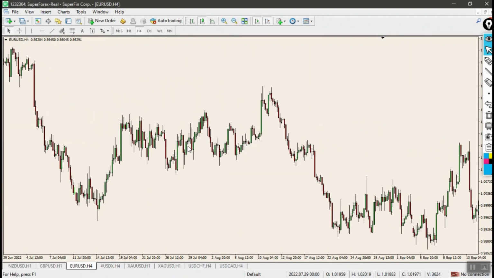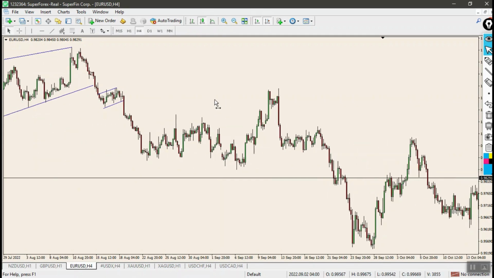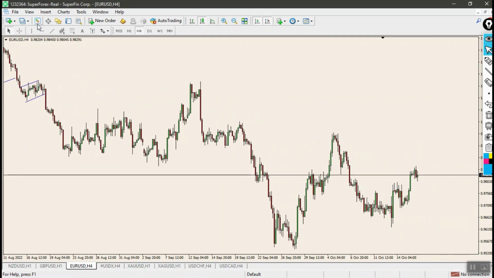Right, as you can see, here's the continuation pattern that we drew previously. Something along these lines here. We have another small one right there, and we have one more expanding triangle here.